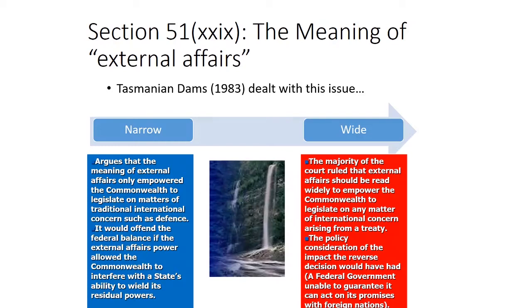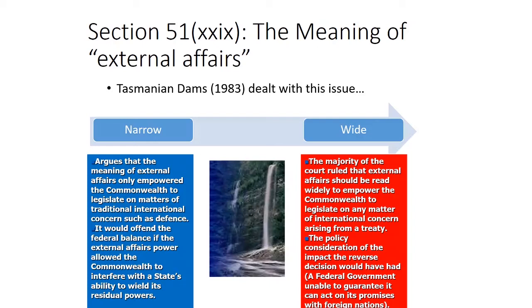So the Commonwealth tried to stop that, citing external affairs as the constitutional instrument through which they could override the Tasmanian law. The Tasmanians said, no way, this is hydroelectric power. That's a residual power, you can't interfere. But the High Court disagreed.